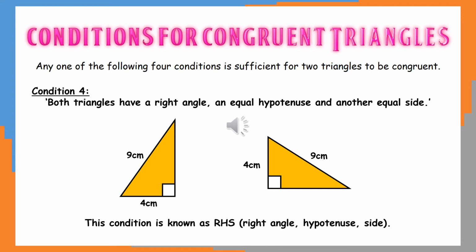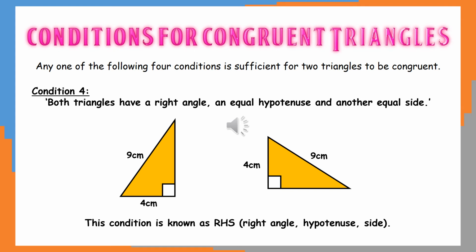It means that if we have two right angled triangles with equal hypotenuse, and one side is equal, then these two triangles are congruent. This condition is known as RHS, right angle hypotenuse side.